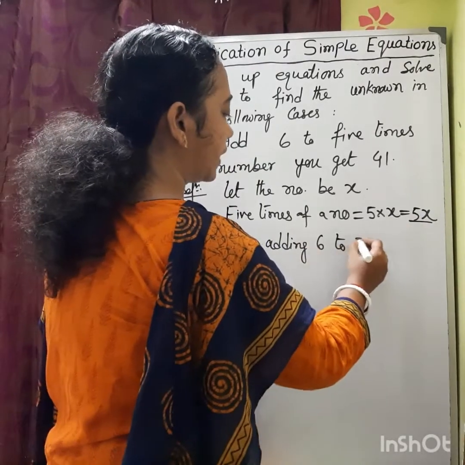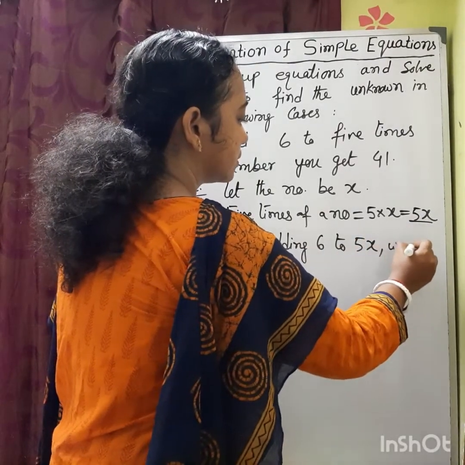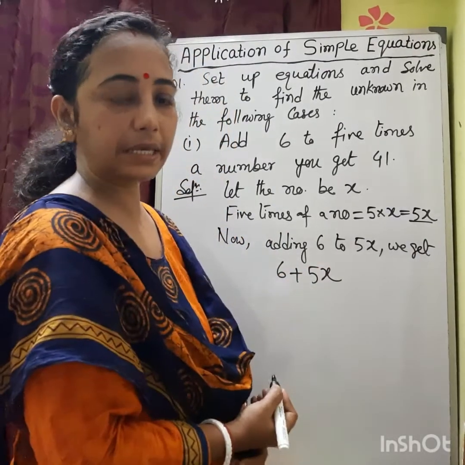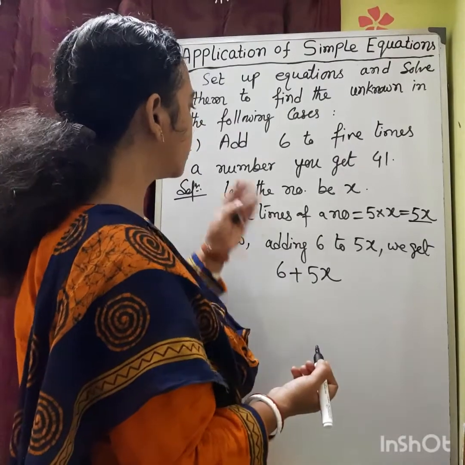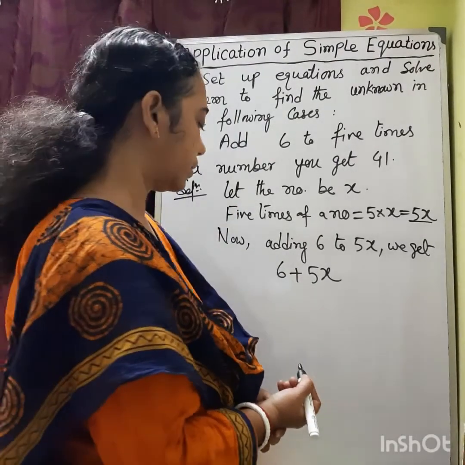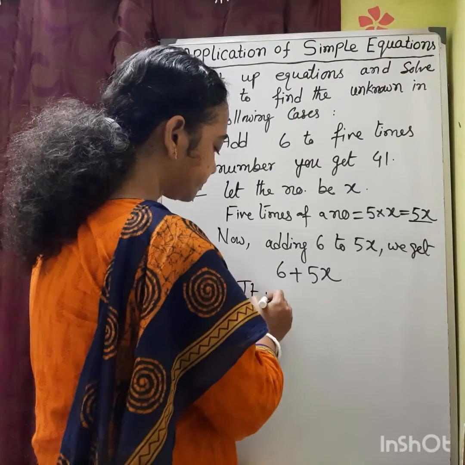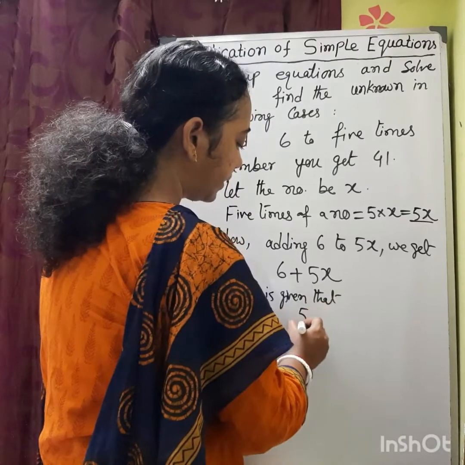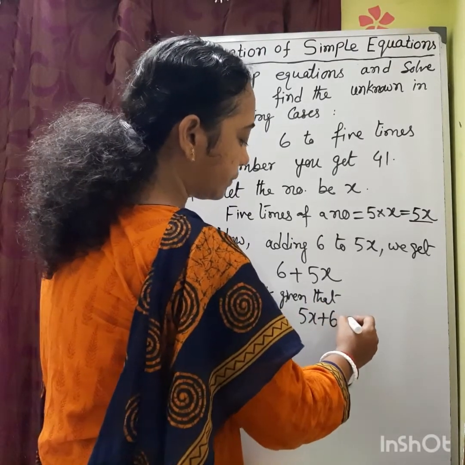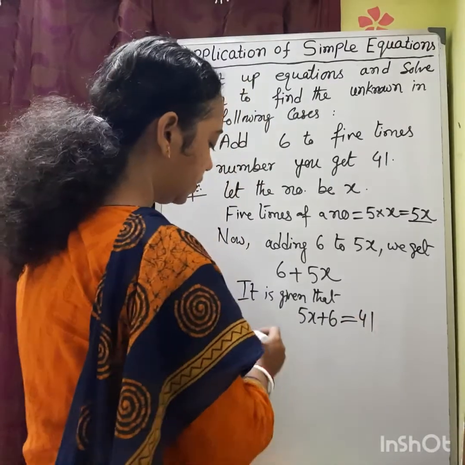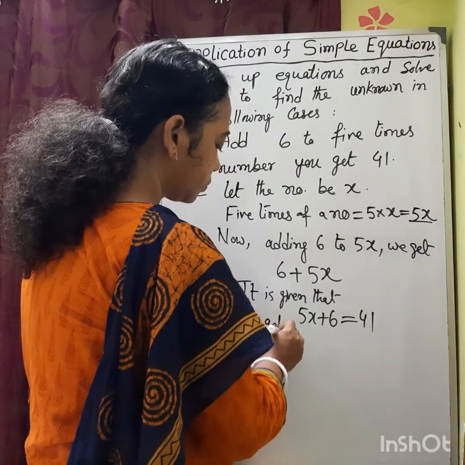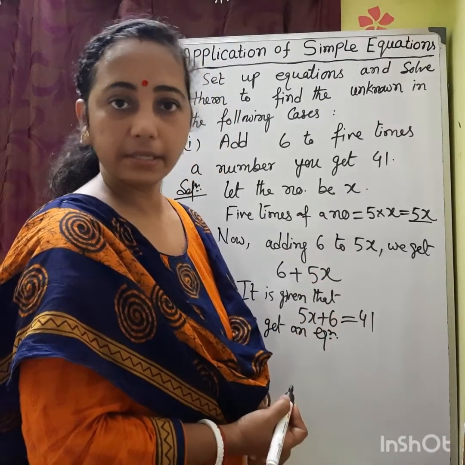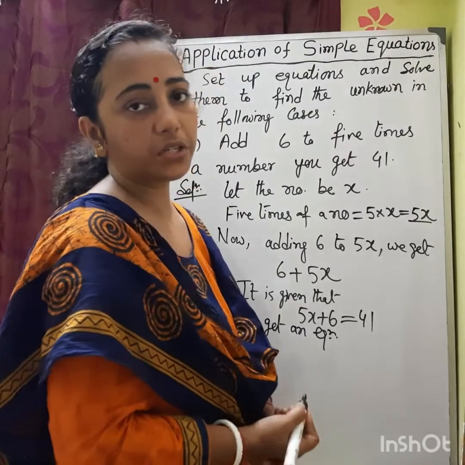So adding 6 to 5x, we get 6 plus 5x, or we can write 5x plus 6. According to this question, we get 41. So it is given that 5x plus 6, or 6 plus 5x, is equal to 41. So we get an equation, or we can say the equation is set up here, or an equation is formed.